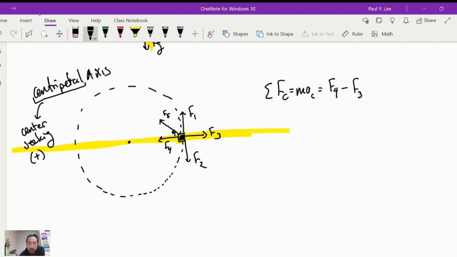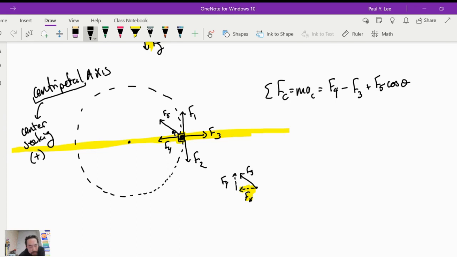And this F5 here, if I were to redraw F5 like so, we can say that this is Fx5 and this is Fy5, and only Fx5 is actually along the centripetal axis, so we can write it as plus F5 cosine of theta.